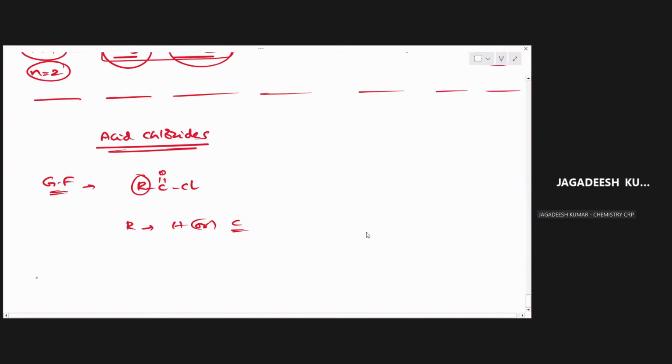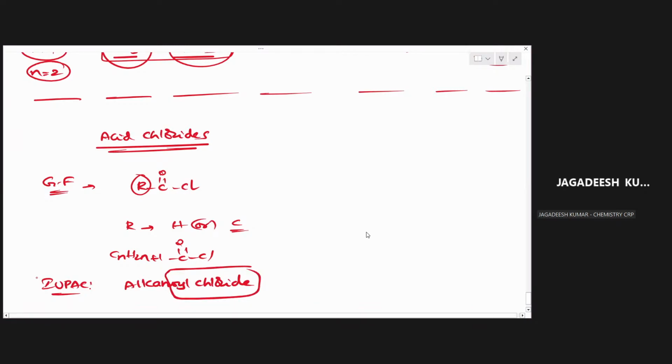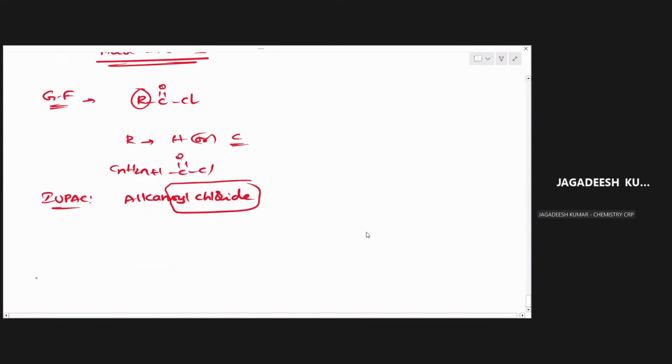That's why I'm telling you H, because it is CnH2n+1COCl. So this is the general formula. And the IUPAC name is alkanoyl chloride. Here, oyl chloride is the secondary suffix, alk is the root word, and an is the primary suffix.